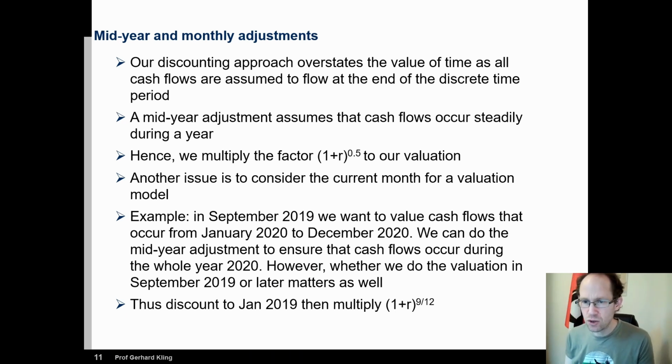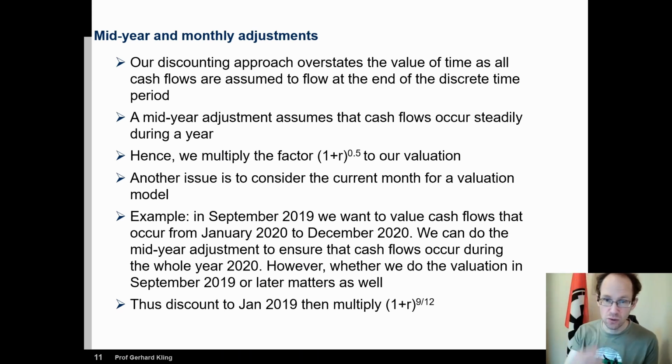The other issue is when these cash flows actually occur. Well, we don't quite know. So when you do a standard discounting, you assume that the cash flow comes in at the end of the period. But of course, that's not necessarily the case.